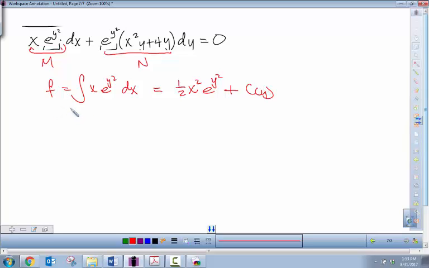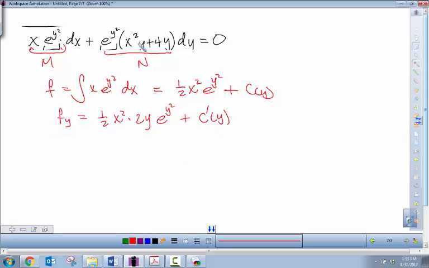Now let's take the derivative of that with respect to y. And this is going to be the 1/2 x squared is constant. The derivative of e to the y squared is e to the y squared times the derivative of y squared, which is 2y, plus c prime of y.